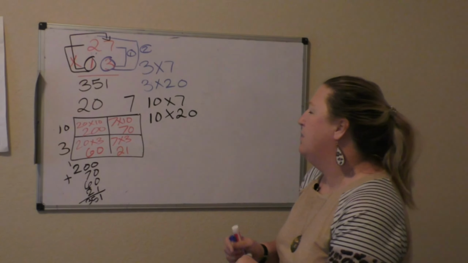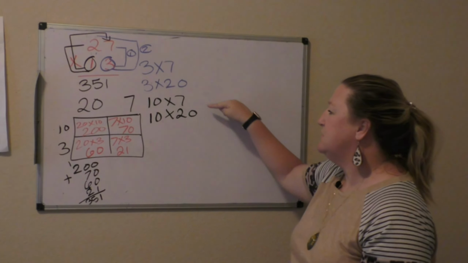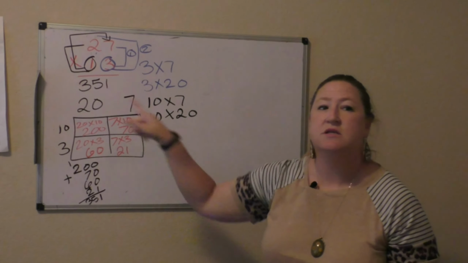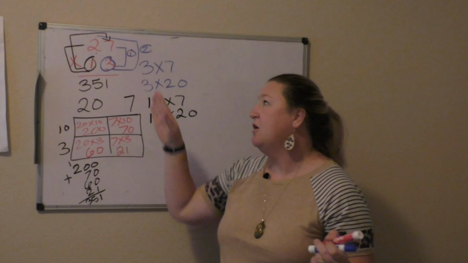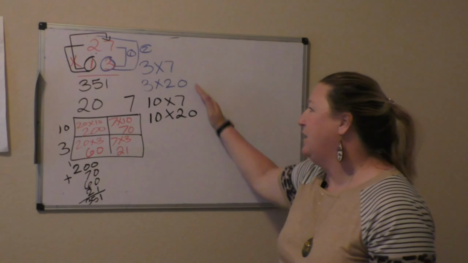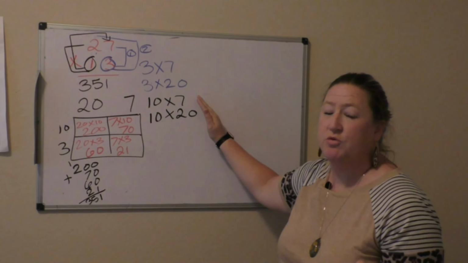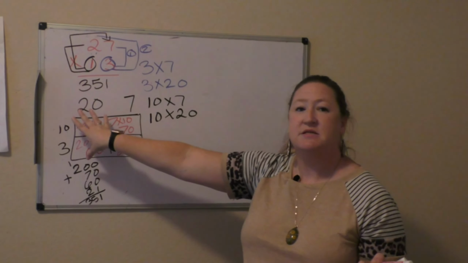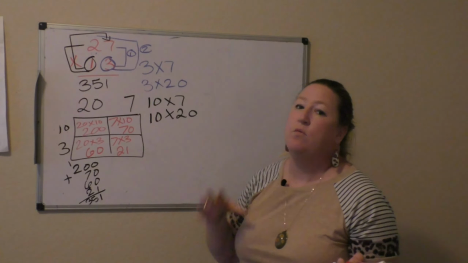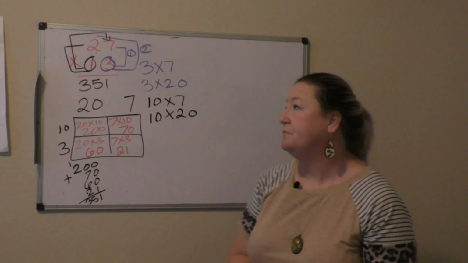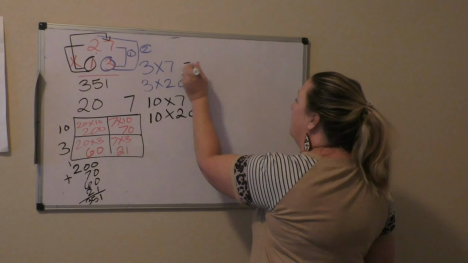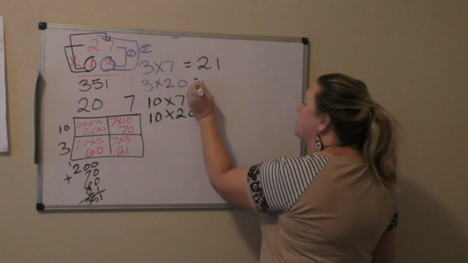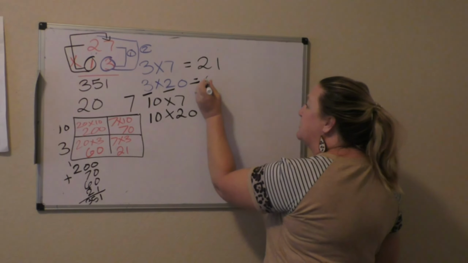And if you look at these equations, they're the same equations in my area model. So when I solve this, I can solve it by breaking it up this way in partial products, or I can break it up into the area model. Either way works. You're going to get the same answer. I know that 3 times 7 is 21. 3 times 20, 3 times 2 is 6.